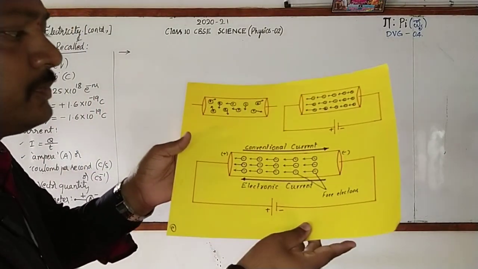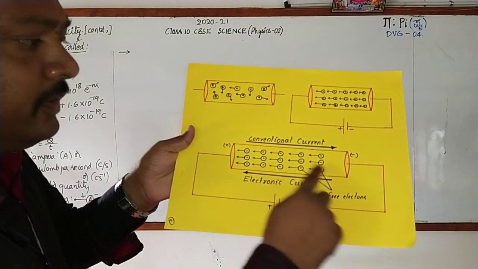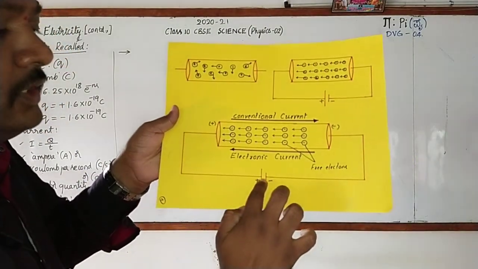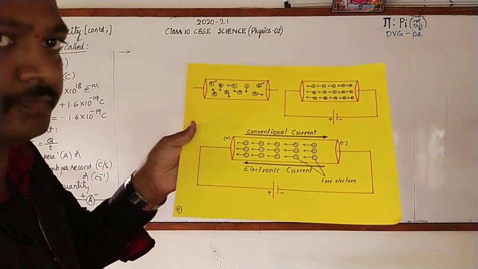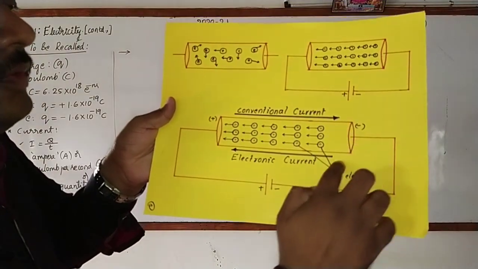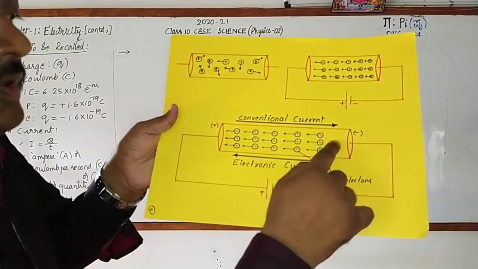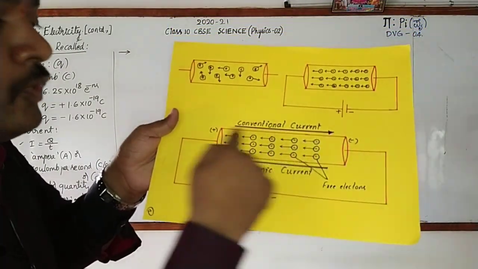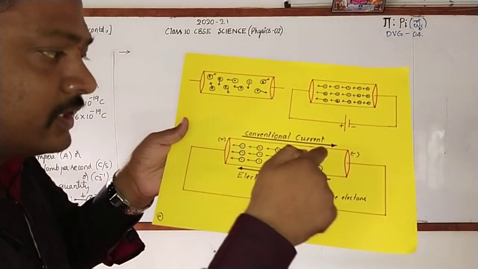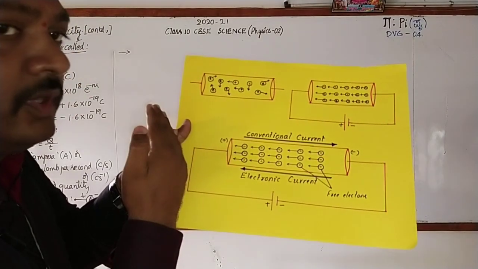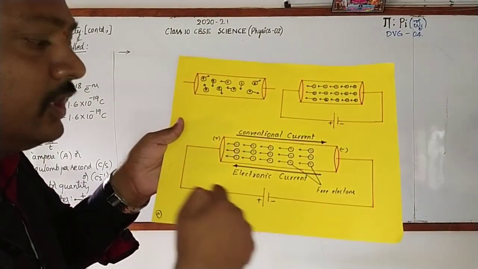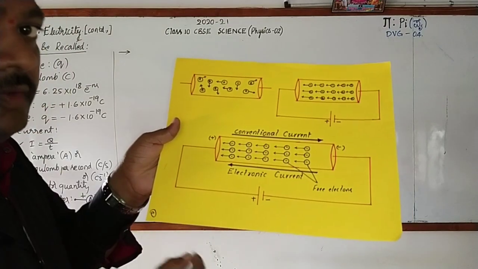Then you can also observe that here I have taken the same conductor and its free ends are connected to terminals of a battery. Here I have taken the enlarged part of the conductor. Electrons are flowing from where to where? See that? Direction right to left. That is, observe, negative terminal to positive terminal.